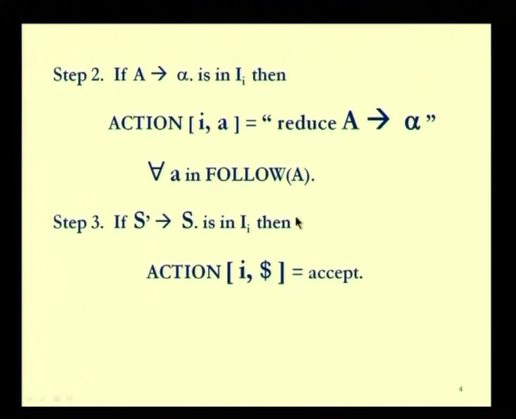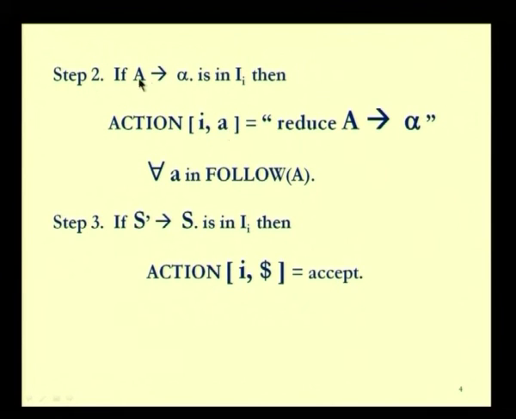Now, to look at the reduce action. Reducing is possible only if the dot is on the extreme rightmost end. So, if A derives alpha dot is an item which is there in the state called I, then we set action of I comma a to reduce A derives alpha. The question is where you got this small a.